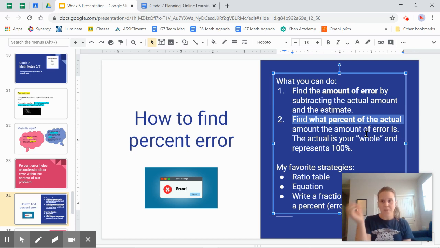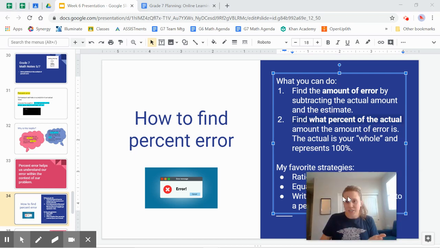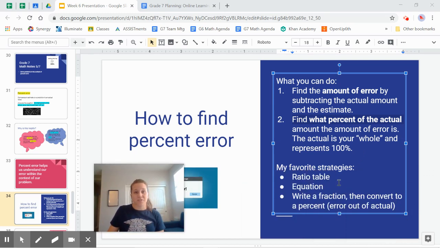So in my baby weight example, the error was 1 pound. I think I said the actual weight of the baby once he was born was 7 pounds. So I want to know what percent of 7 is that 1 pound error, okay? I put a few strategies here. These are my favorite strategies for solving percent error questions.